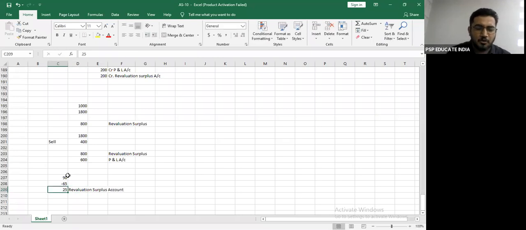Sorry, 20 will be adjusted from revaluation surplus, 5 will be adjusted from the profit and loss account. Okay, can someone help me out with the journal entry?